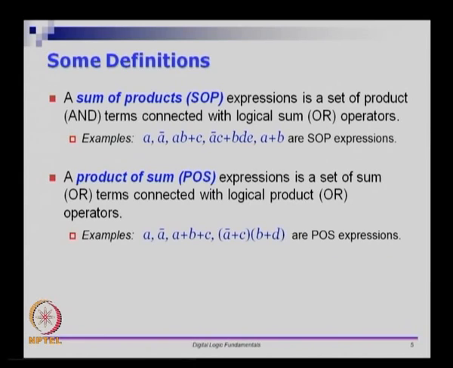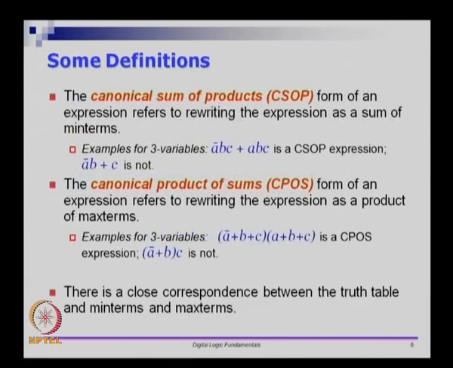So, a single term is a valid product. This is a better example. A bar plus C is a valid sum term, B plus D is a valid sum term, and there is an implied AND between these two. So, A bar plus C and B plus D is a valid product of sum expression.